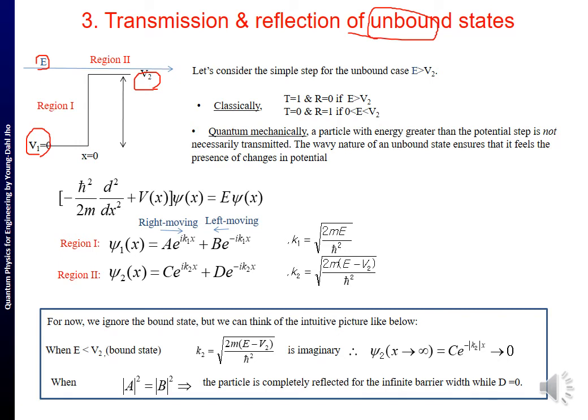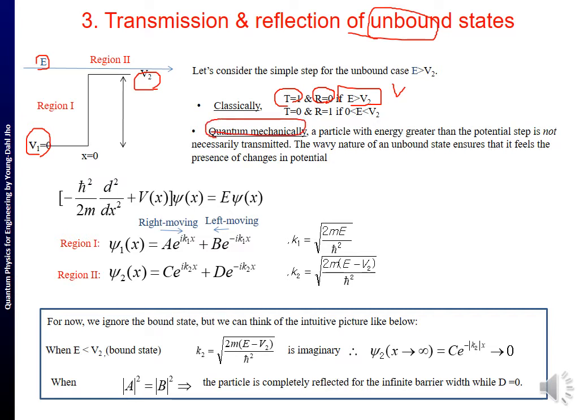Classically, transmission is 1, so all the particles pass through it. The reflection coefficient is 0, so there's no reflection at all if the energy is larger than V2. This is the case we consider: T equals 1, R equals 0. No, it's not so in quantum mechanics.